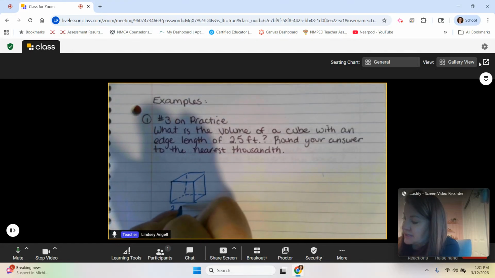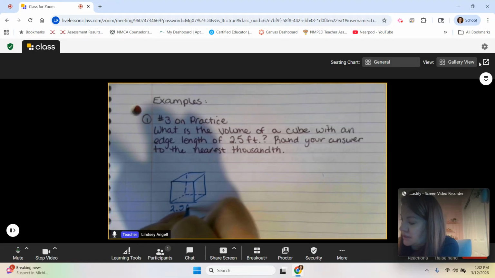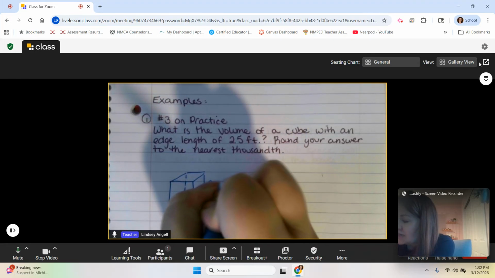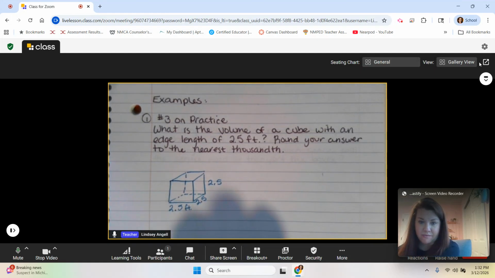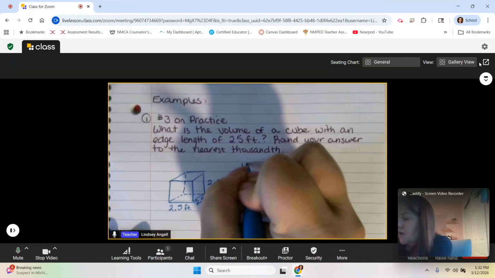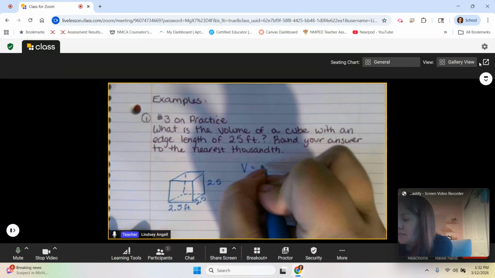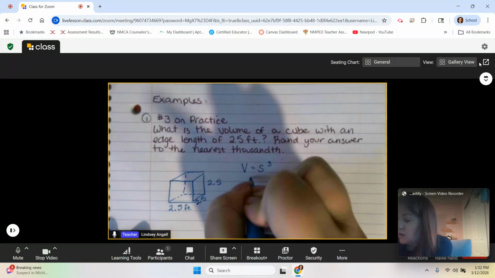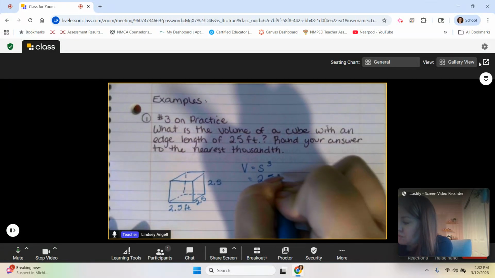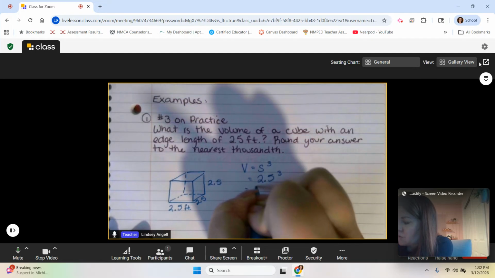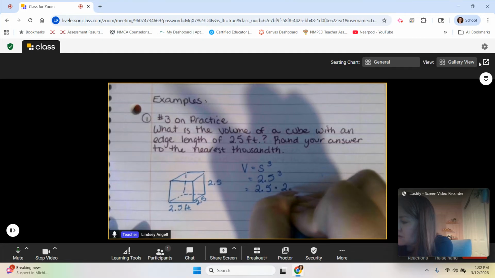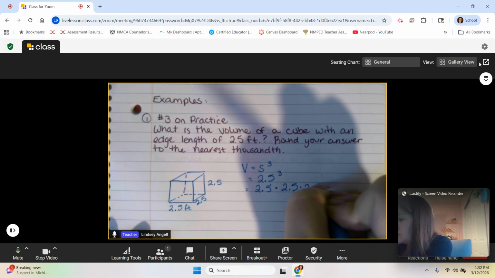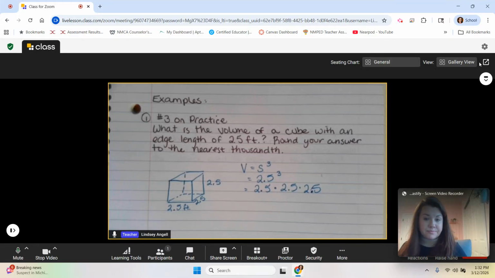So what that tells me is that the length is 2.5 feet, the width is 2.5 feet, and the height is also 2.5 feet. Okay, so for the volume of this, if we have the side length cubed, or length times width times height, what we're saying is we have 2.5 cubed, or 2.5 times 2.5 times 2.5, okay?